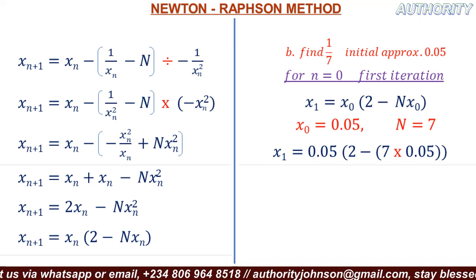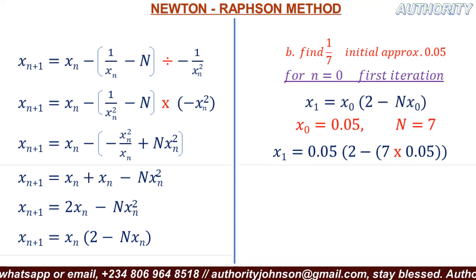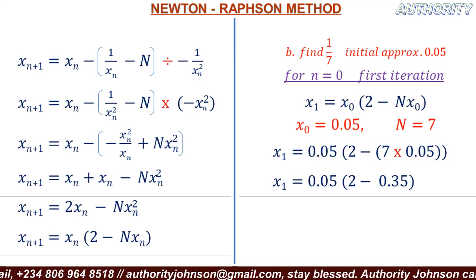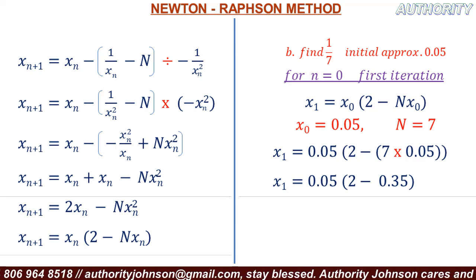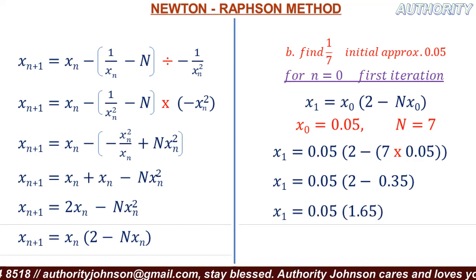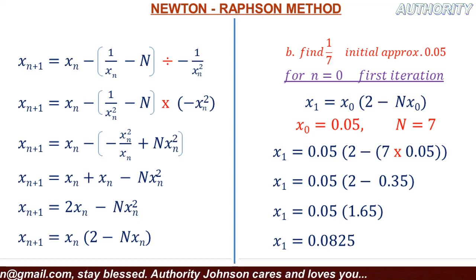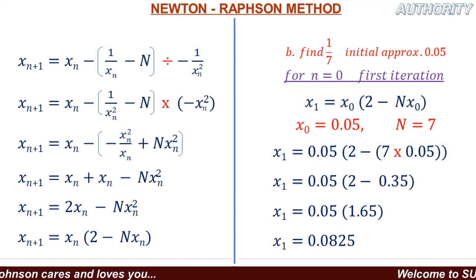Now 7 times 0.05 gives you 0.35. 2 minus 0.35 is 1.65. Then 1.65 multiplied by 0.05 gives 0.0825. So the first iteration gives x1 is equal to 0.0825.